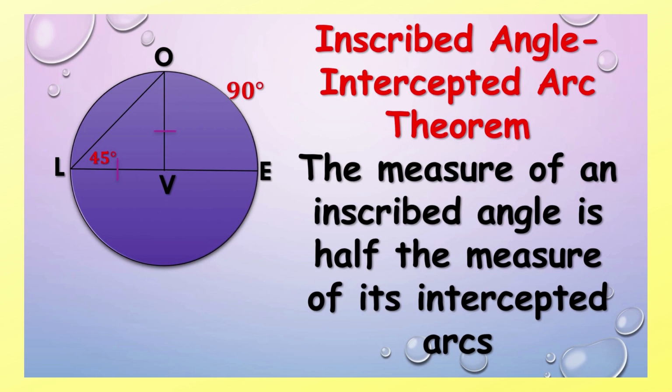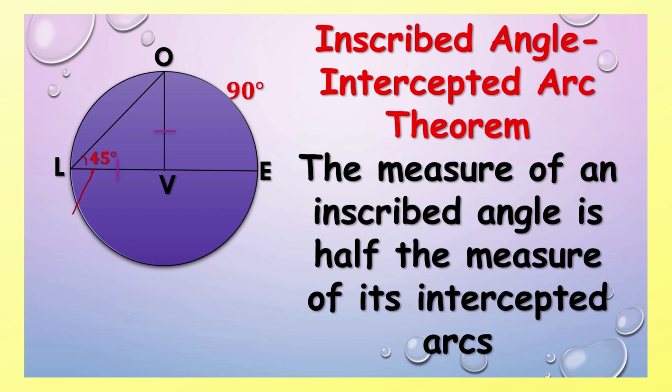Okay, so we have now the inscribed angle intercepted arc theorem. The measure of an inscribed angle is half the measure of its intercepted arc. As you can see in the given figure, the inscribed angle here is 45 degrees.